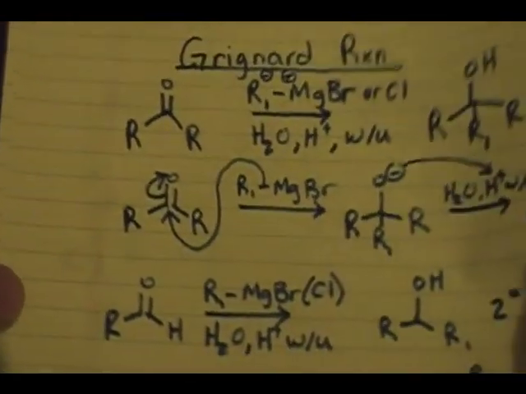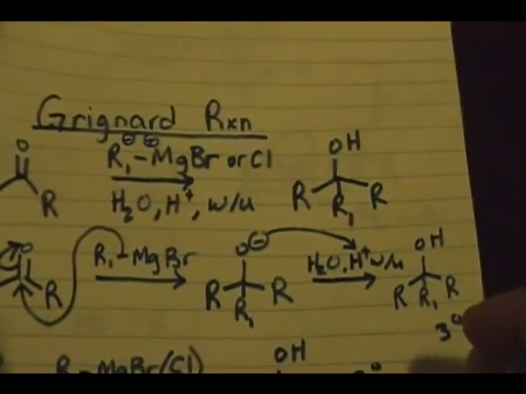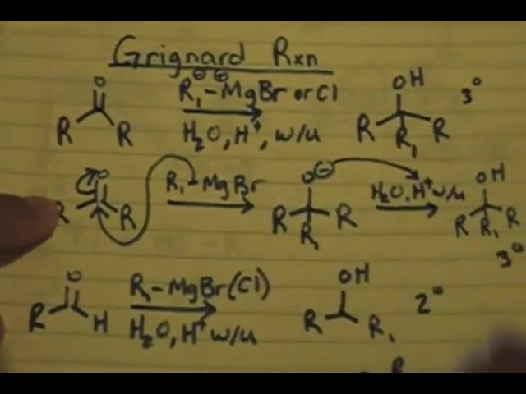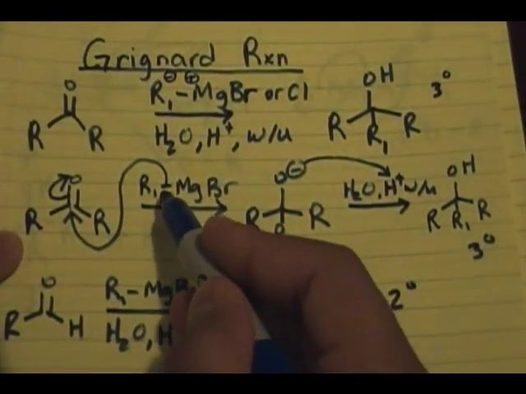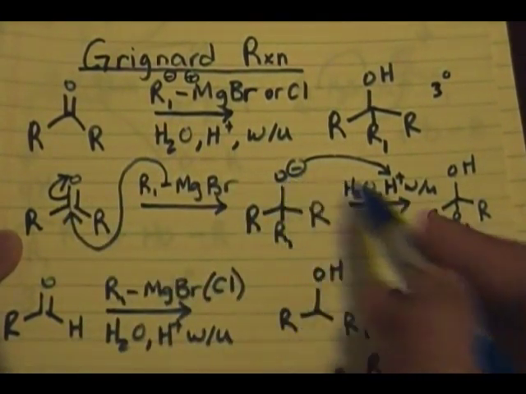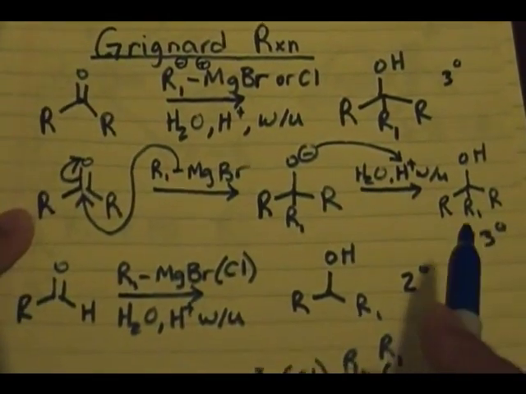If you have a ketone, the Grignard reagent is going to add once to give you a tertiary alcohol. This is a little mechanism for the ketone right here. Grignard reagent adds into here. You form the O negative, it gets neutralized by the workup, and you form the tertiary alcohol.